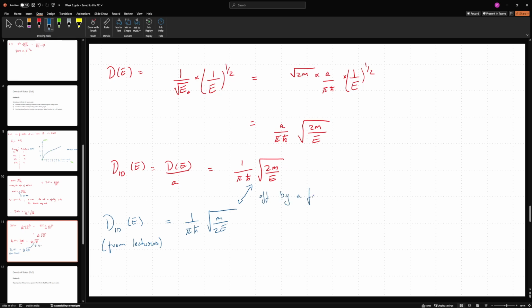But the energy dependence, that d1d of E is proportional to E to the power minus half, that still remains. So the takeaway message is d1d of E is proportional to E to the power minus half.